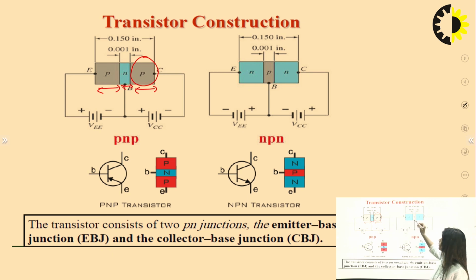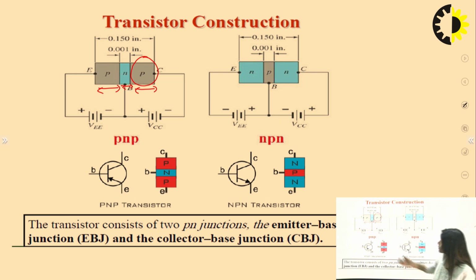Similarly, here the width of this collector would be slightly greater than the width of the emitter. And if I talk of the doping level, the doping would be highest for the emitter region, the collector would be a moderately doped region, and the base would be the least doped region, right?